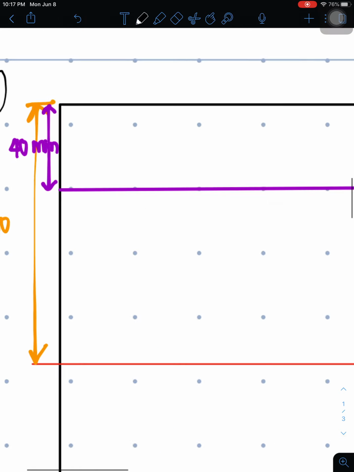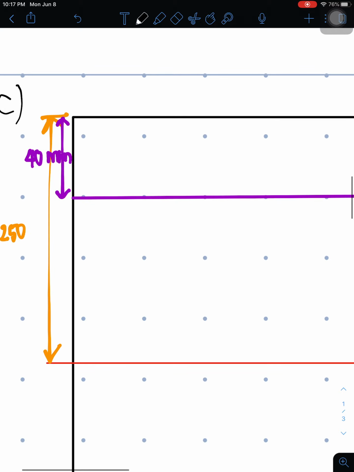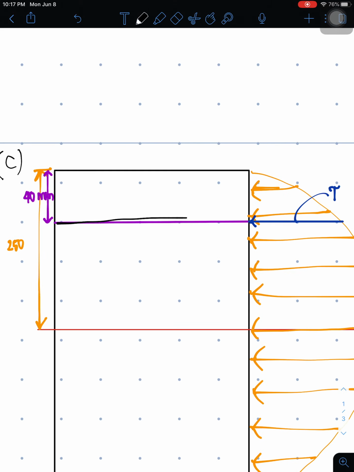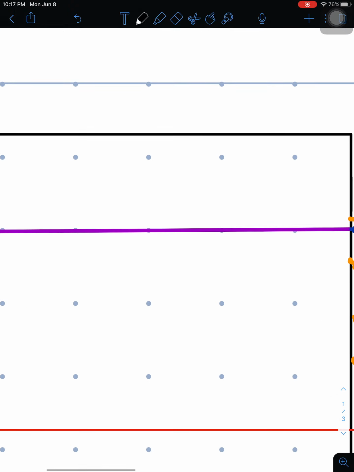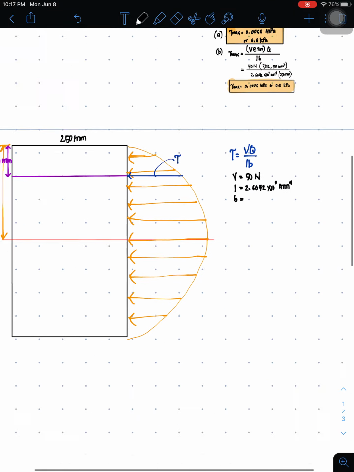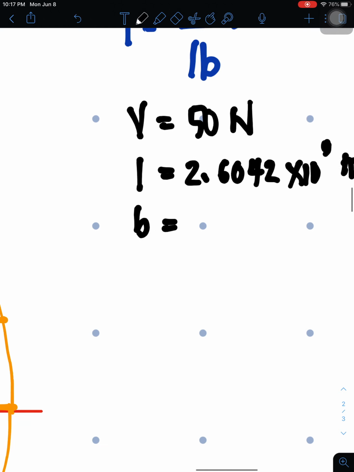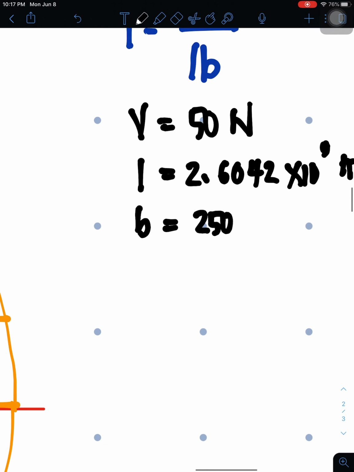Of course, kung asa tanang ngita og stress mao to ang base. So since we're looking for the stress here at this fiber, so unsa may base ani, that is equal to 250. Kay mao man ang base nga atong naagian sa kanang fiber. So 250.